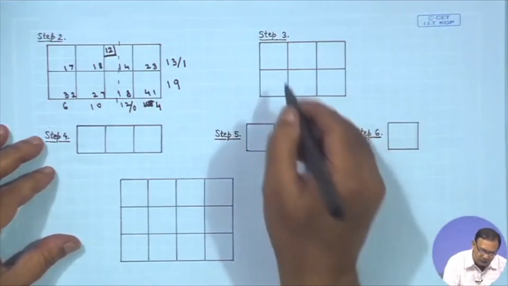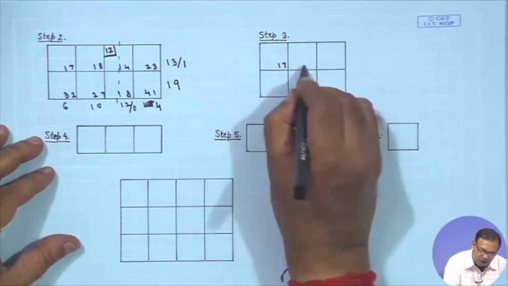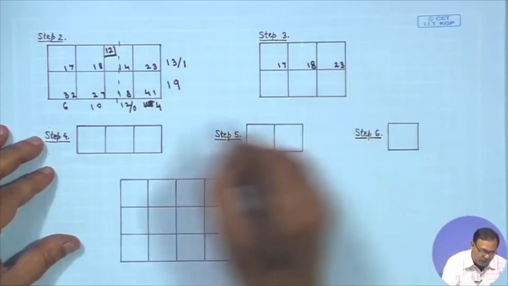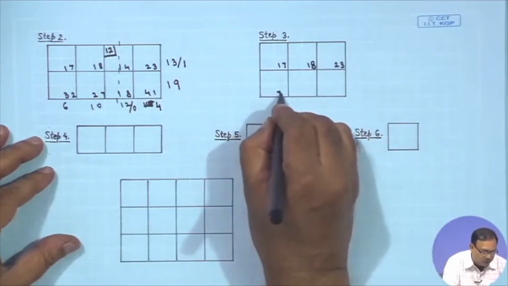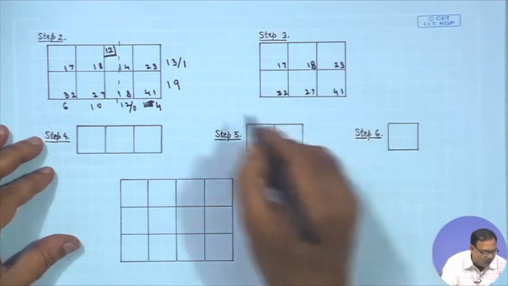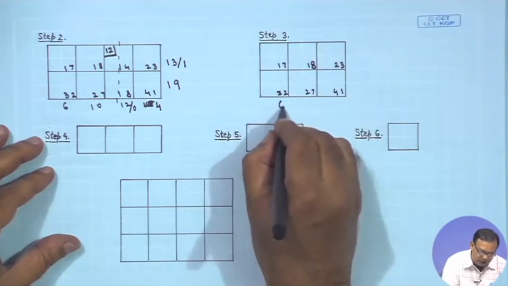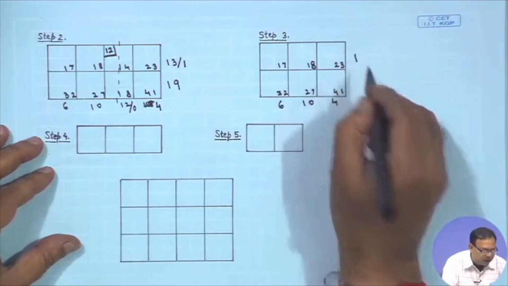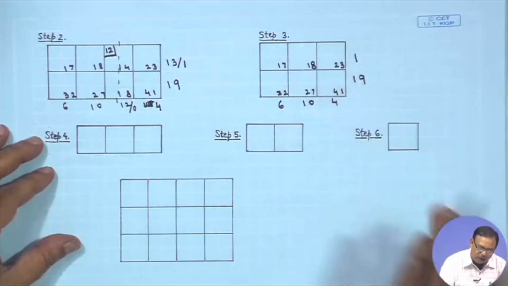So, in the next table there will be 17, 18 and 23. For the next one, 32, 27, 41. Here it will be 6, 10 and 4 as it is. For this case it will be 1 and 19.